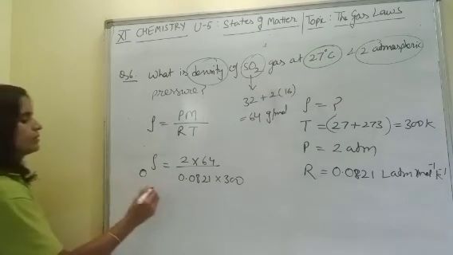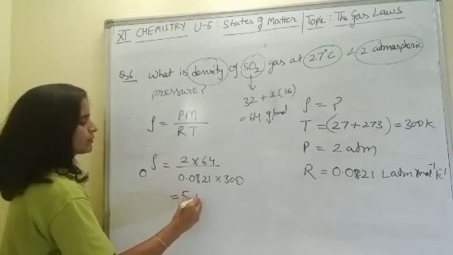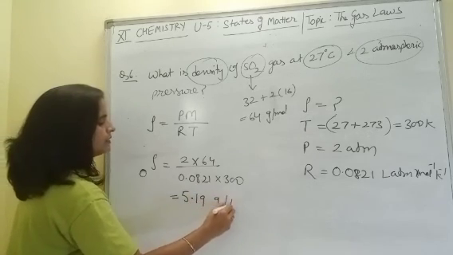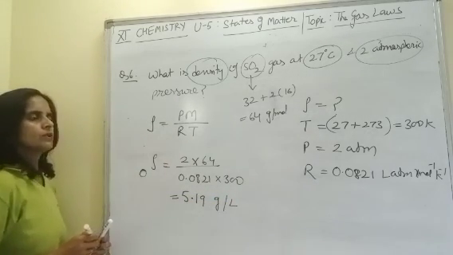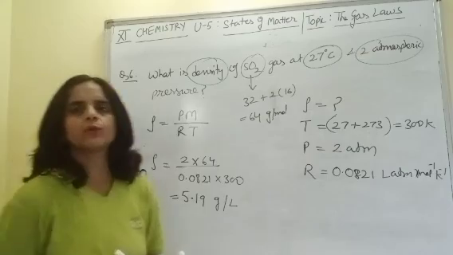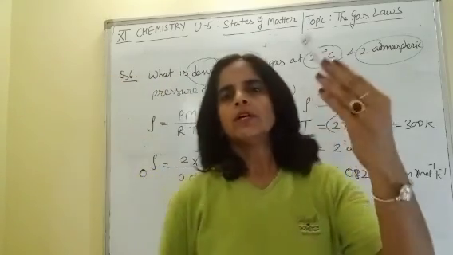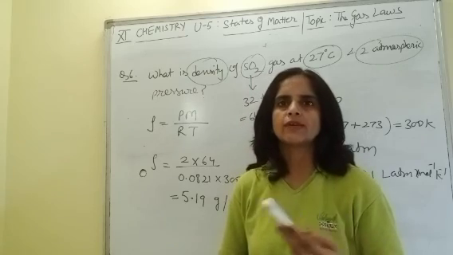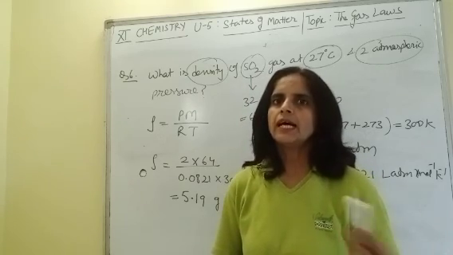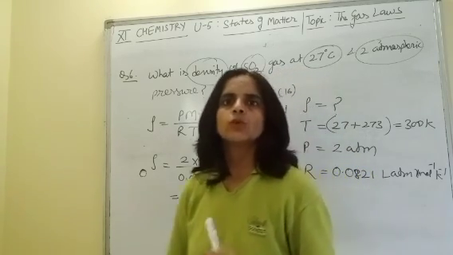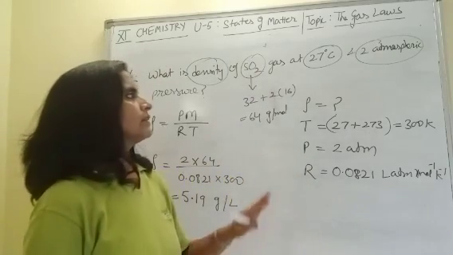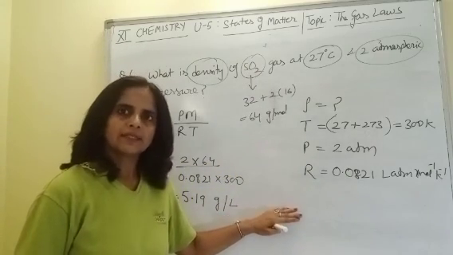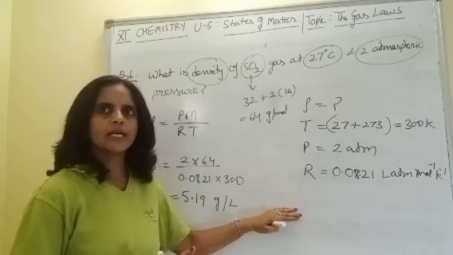You will get 5.19 gram per liter. So these were the different questions based on all the gas laws: Boyle's, Charles's, Gay-Lussac's, Avogadro's and the ideal gas equation. So this part is complete. I think now all the doubts are clear.